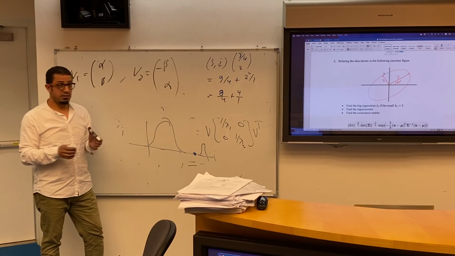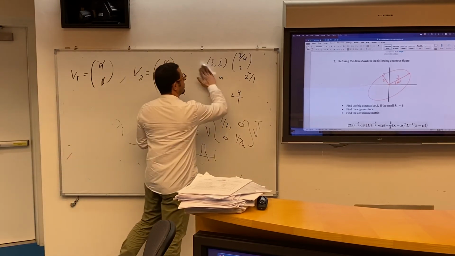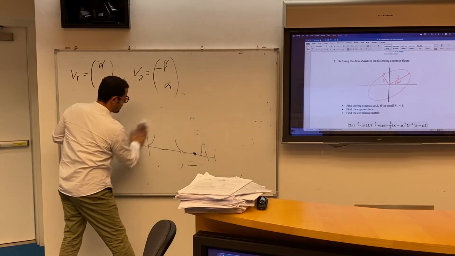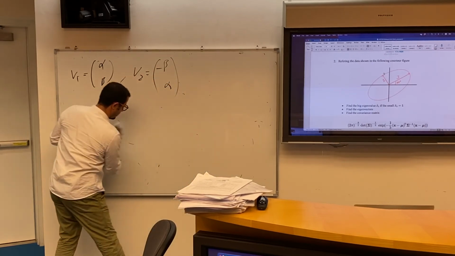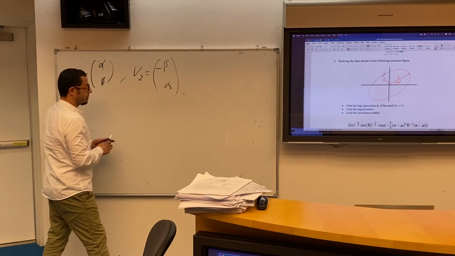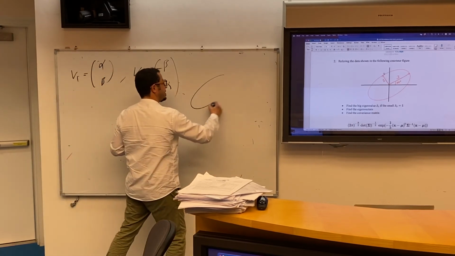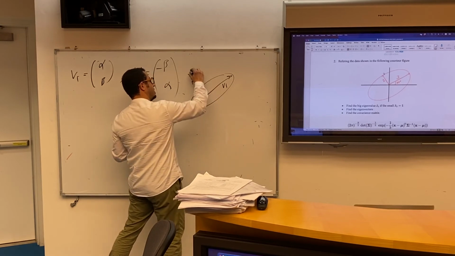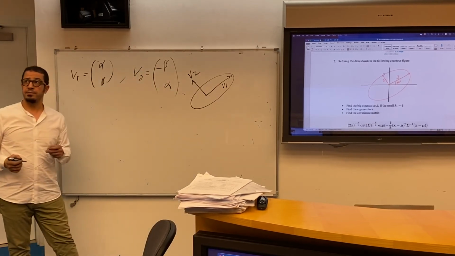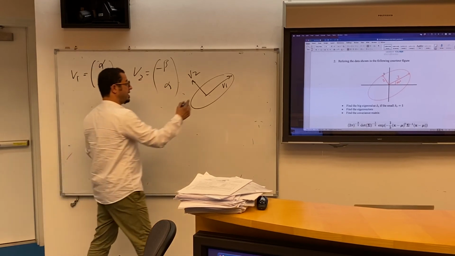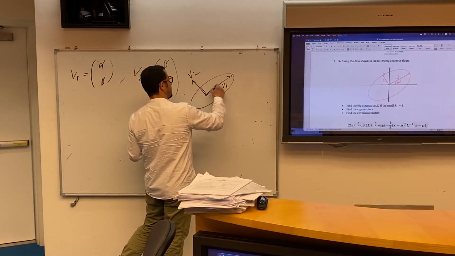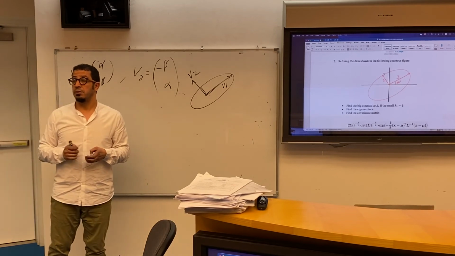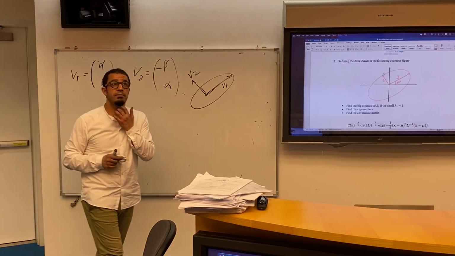So they are perpendicular. So this is V1 and this is V2, right? And the distance of this one over the distance of this one is the ratio of the eigenvalue.